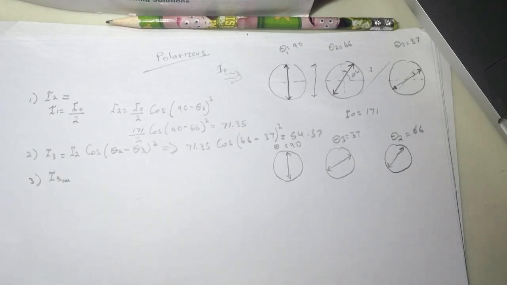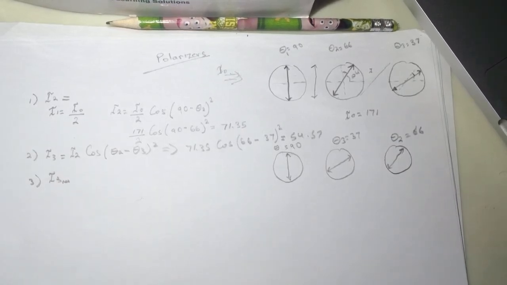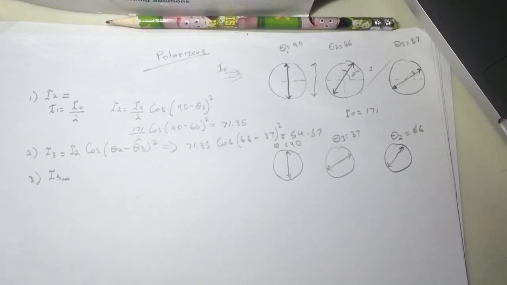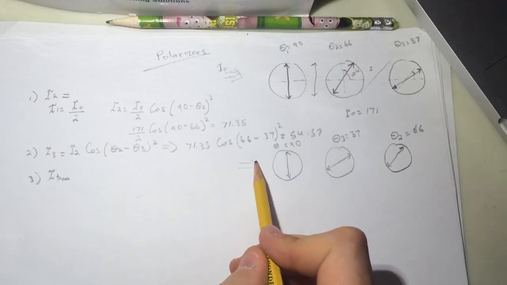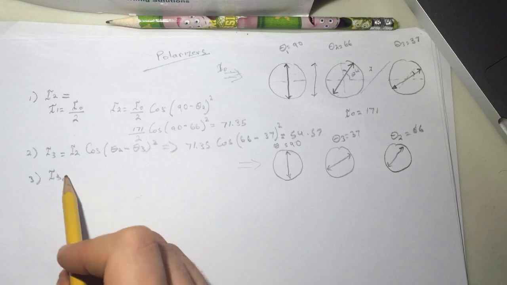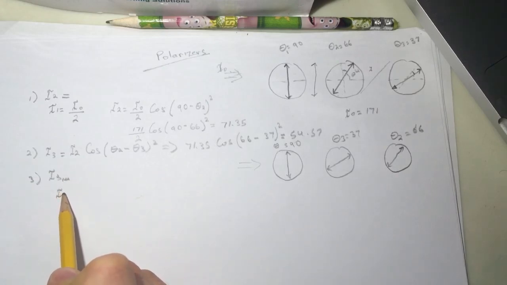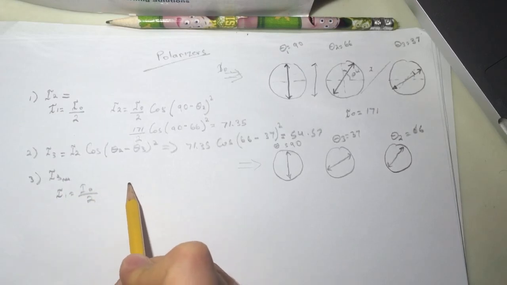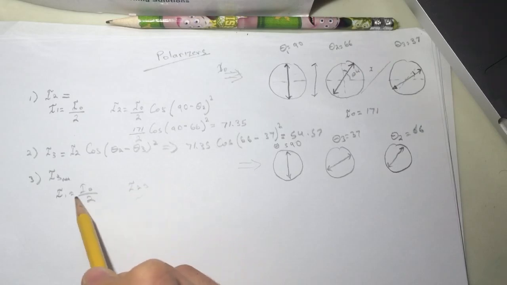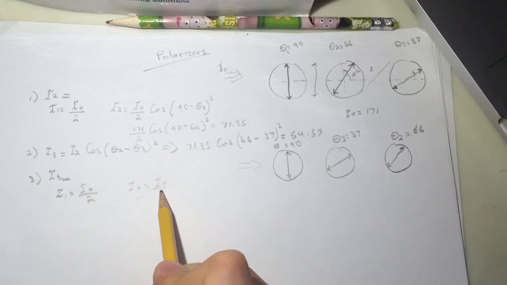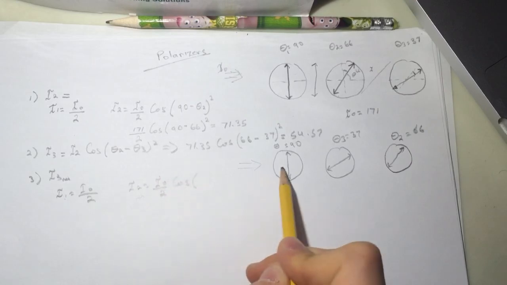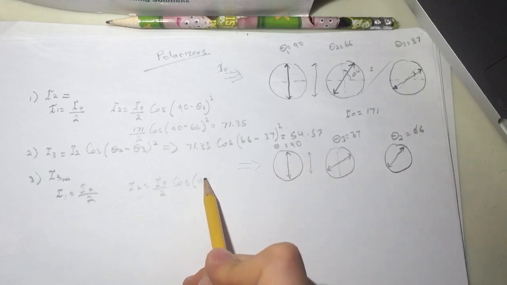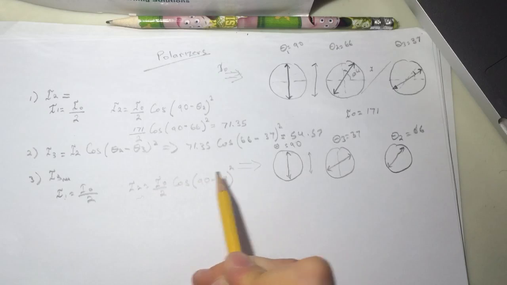Did they change the direction of the beam here? No, they did not. It's still going from this direction. So let's start. I1 will be equal to I naught over 2, and I2 will be equal to I1, which is I naught over 2, times cosine of 90 minus 37, squared, since the only light that passes is 90 minus 37.